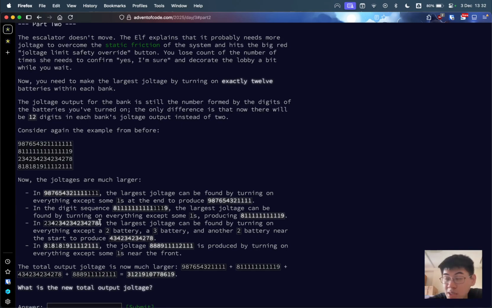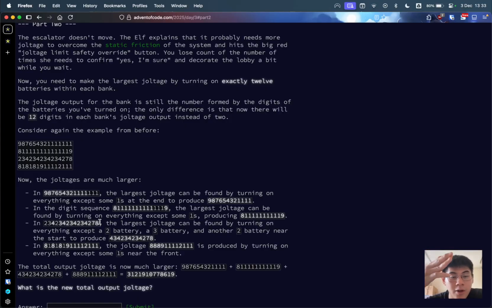So I'm guessing that maybe this is what we are optimizing for, where we maintain some kind of stack at the very beginning.